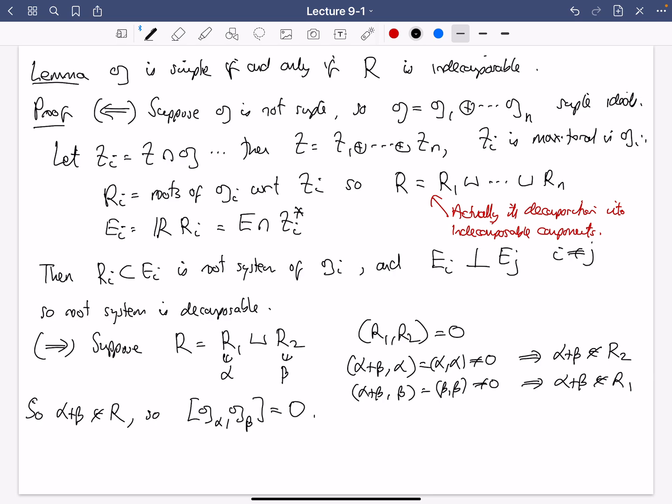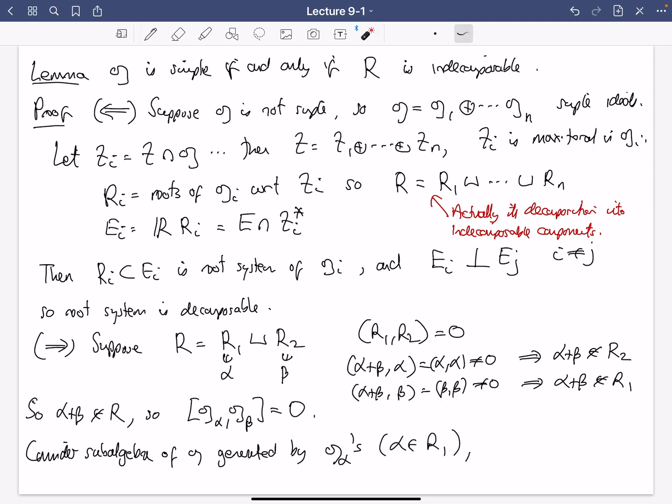So now, if you consider the subalgebra of G spanned or generated by, as a Lie algebra, the G alphas for alpha in R1, this fact that this commutes with all the other G betas for beta in R2 shows that it's an ideal.